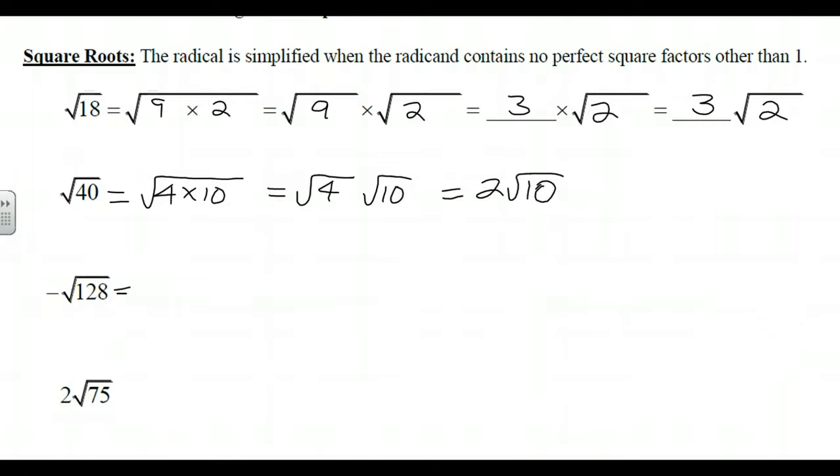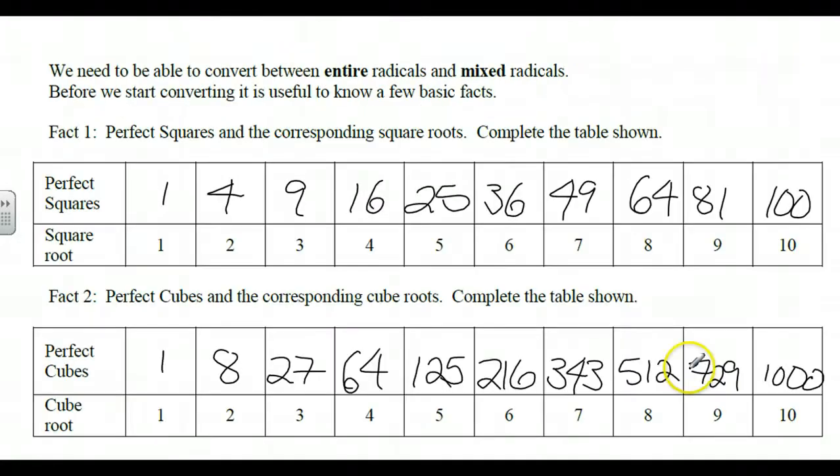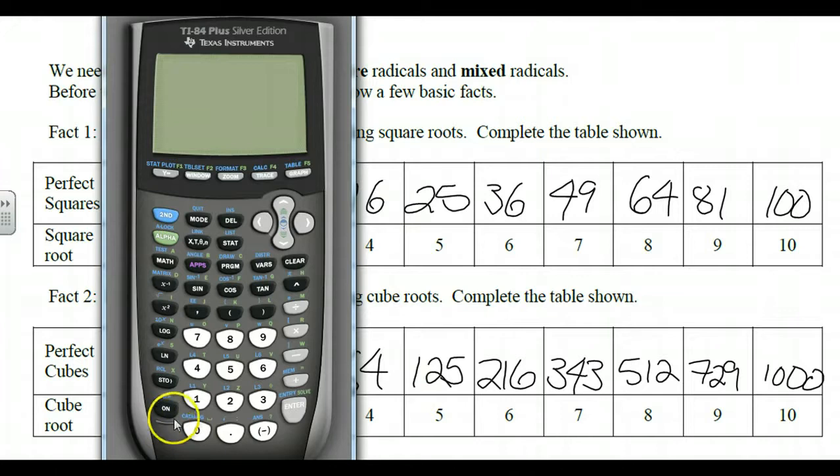Okay, we need the largest perfect square that goes into 128. So does 1, yes, does 4. But here's a hint, if 4 goes in, then maybe 16 goes in. So is 128 divisible by 16? 1, 2, 8 divisible by 16, and it is, and you get 8.